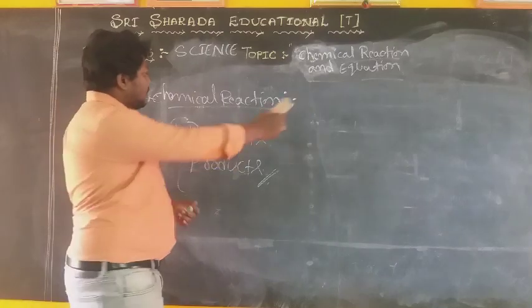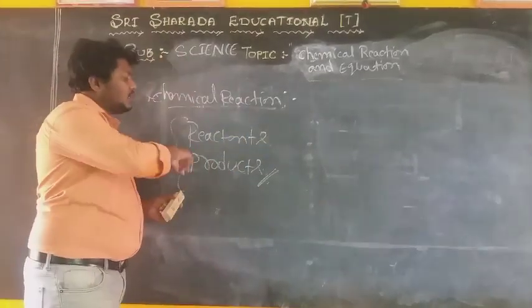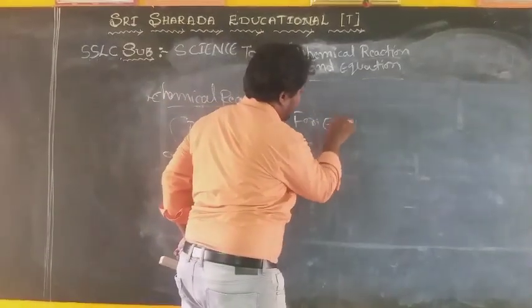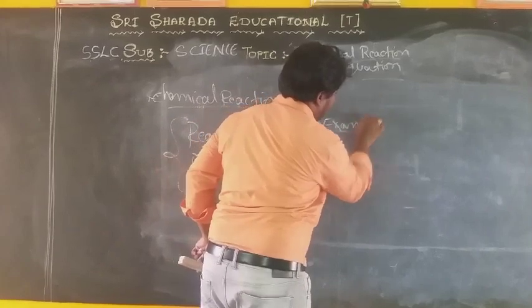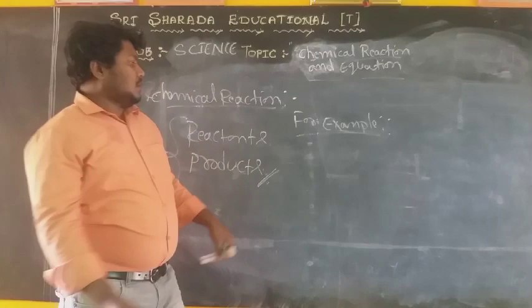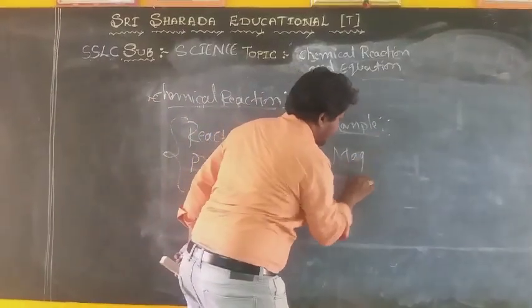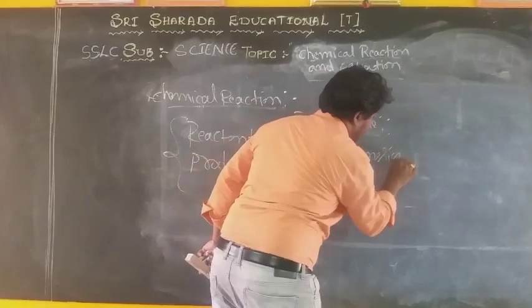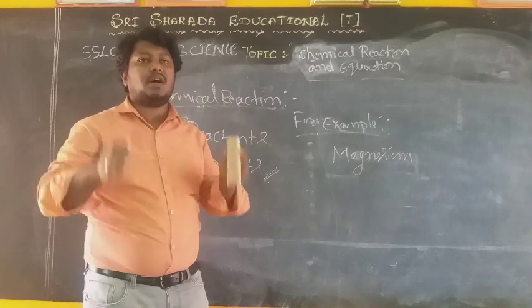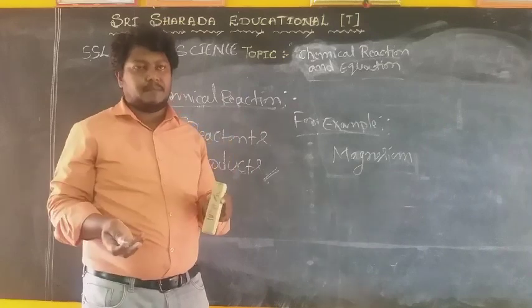Let us discuss the equation. For example, magnesium ribbon is burned in the presence of oxygen, which gives rise to magnesium oxide.